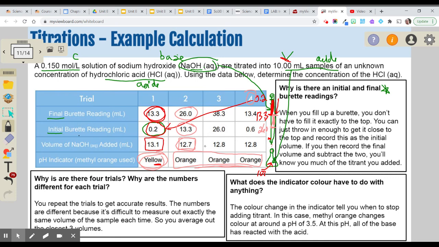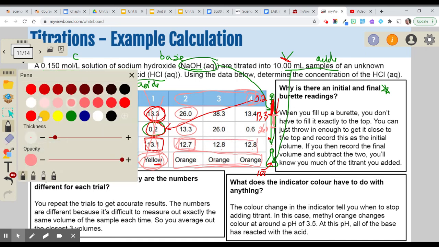If you look at these numbers, 12.7, 12.8, 12.8 volumes were added, and 13.1. This one's a bit off, so we're going to get rid of that and use the other trials to give us our average volume of sodium hydroxide added. And yes, we're going to take the average in a second.